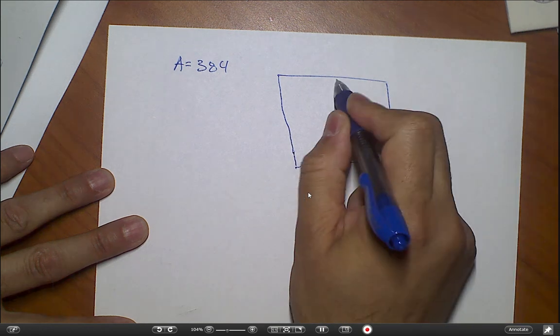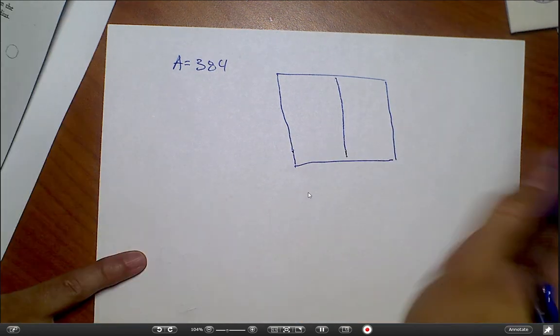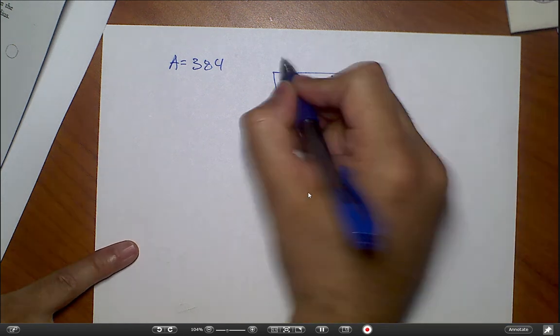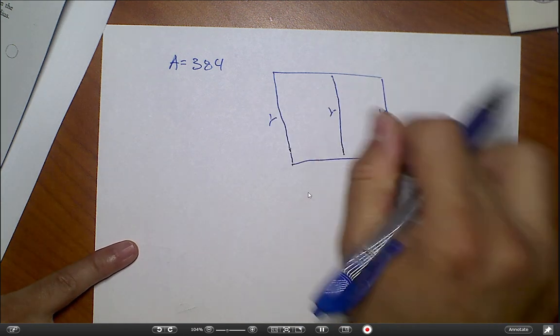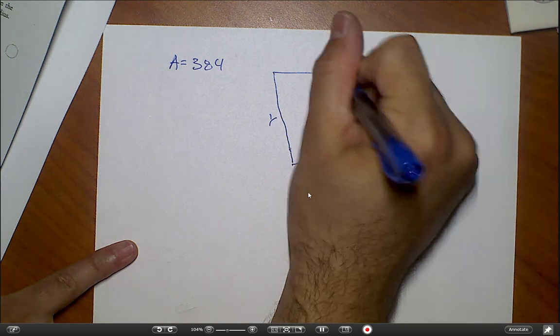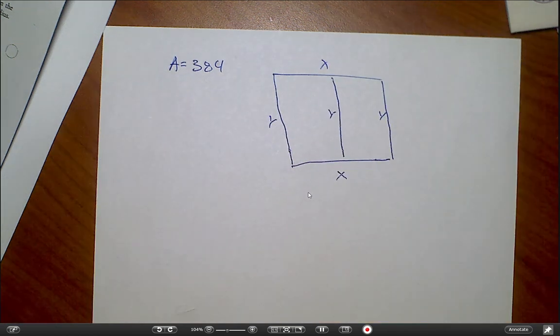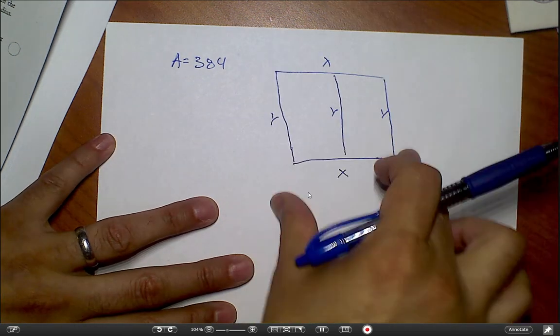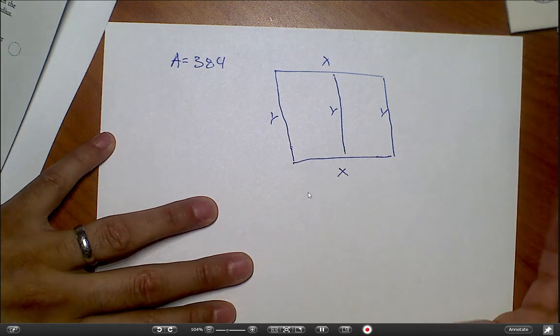Right here, and it has a fence going through it. So I'm going to have a y here, a y here, a y here. I'm going to have an x here and an x here. Okay, so I have values right here and here. So I'm trying to maximize my perimeter, right?